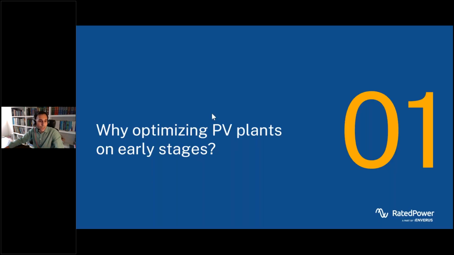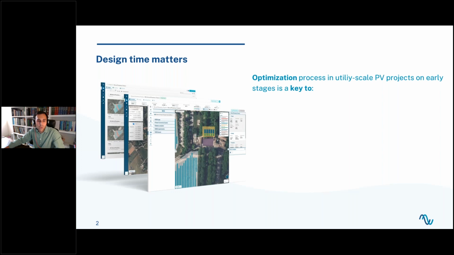So the first point: why it's important to optimize a PV plant in early stages. As always, time is money, and the optimization and design process needs to be really short.